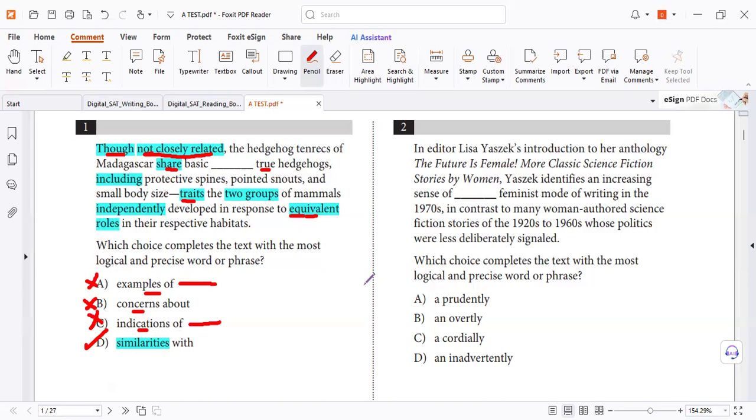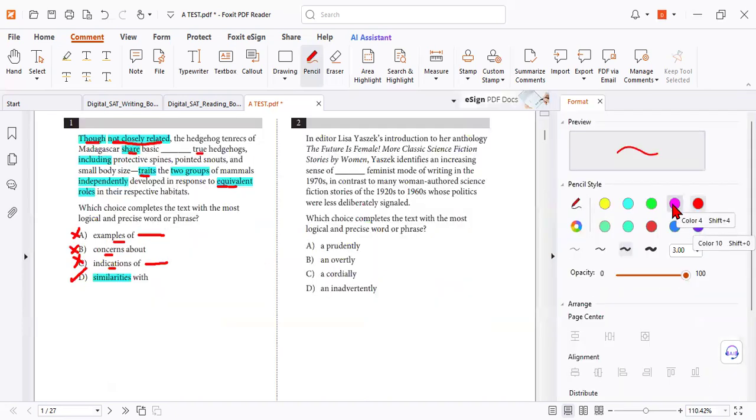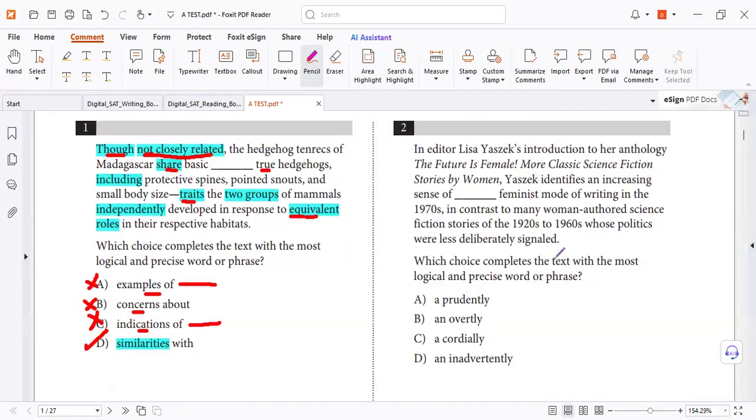Now again, let me answer it. I'm just reminding you of the skills we did. Of course, I look quickly and summarize the main idea from the first reading, but very quickly. In introduction, all right. So the verb identifies an increasing sense of what?